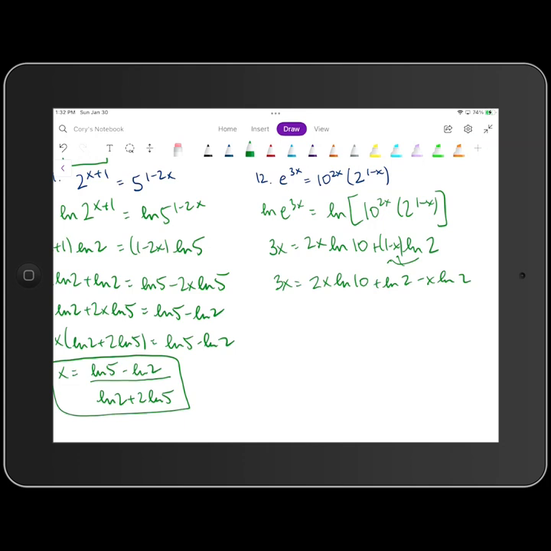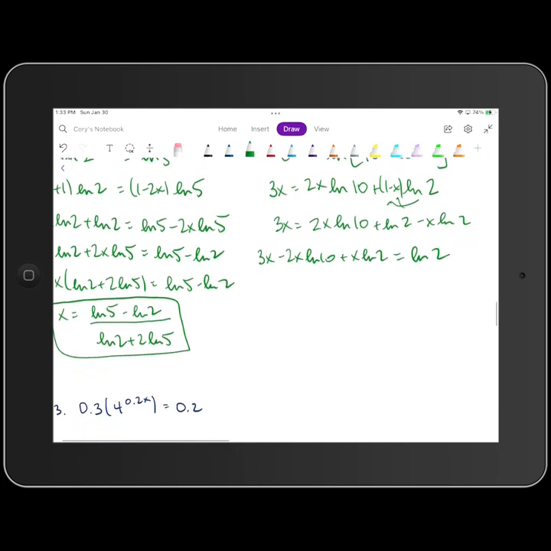And then I'm going to move all the terms that have x in them to the left-hand side. So we get 3x minus 2x natural log of 10 plus x times the natural log of 2 equal to the natural log of 2. And then if you guys don't mind, I'm going to combine two steps in one. I'm going to factor an x out of the left-hand side and then divide.